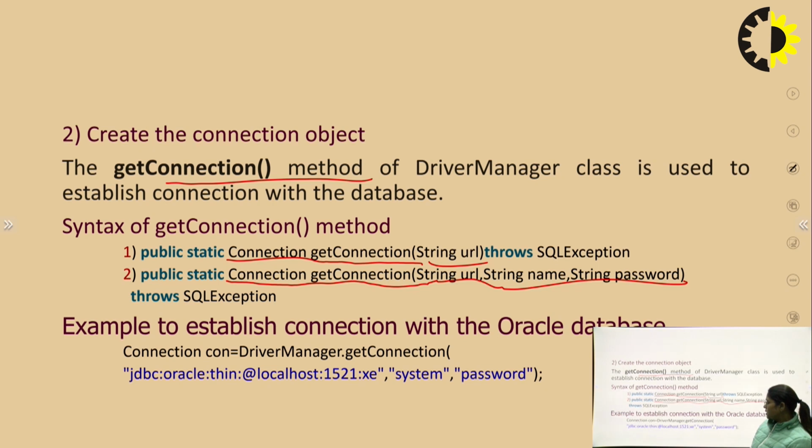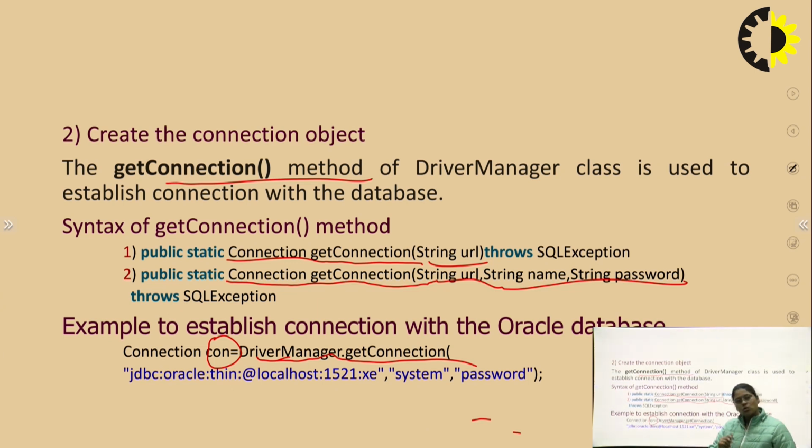For example, I want to establish the connection with the Oracle database. What syntax are we using here? Connection con is used for creating the connection. We create the object of the connection, where con is the object of the connection. So Connection con = DriverManager.getConnection. And where do we have to connect?